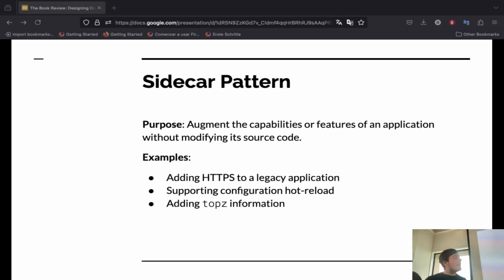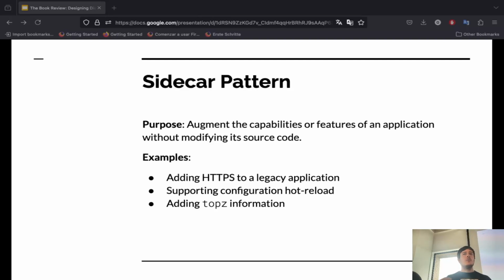So some examples that the book mentions, and let's think about how we would implement this. There is also some source code in the book that refers to how we would implement this. So, for example, the first example is adding HTTPS support to a legacy application. It says, hey, we have this application that's legacy, that has a build system that no one has touched in years and no one understands.